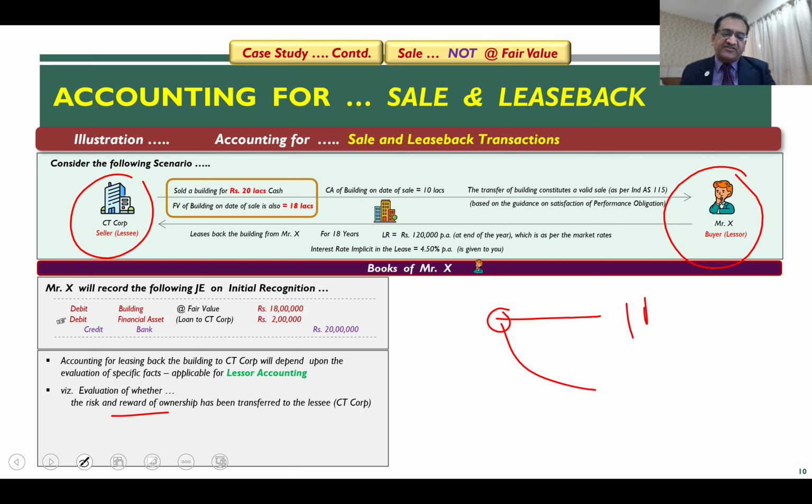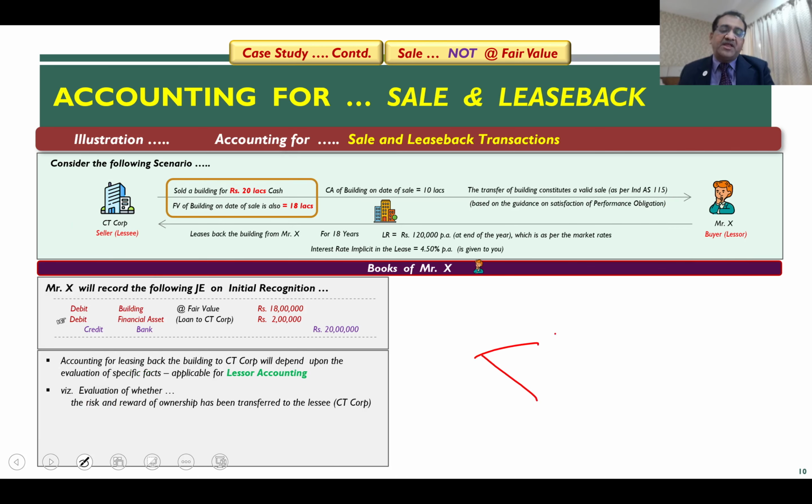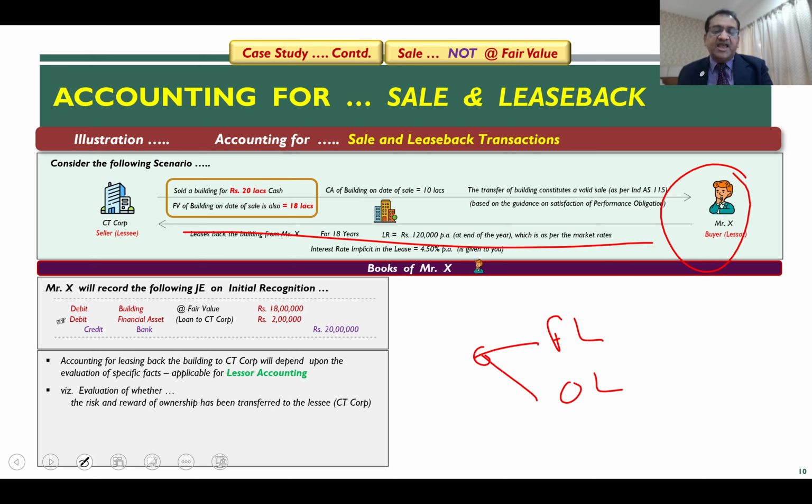Because under IFRS 16 and Ind AS 116, the single lease model applies only to the lessee. Lessor is still required to differentiate between the finance lease and operating lease. So therefore, as a lessor, Mr. X will need to evaluate whether the leaseback is in the nature of finance lease or operating lease.